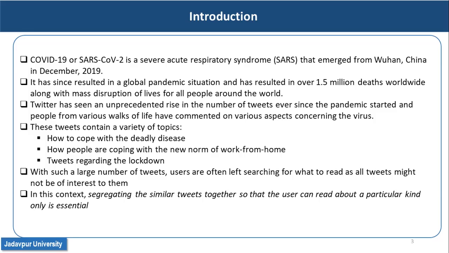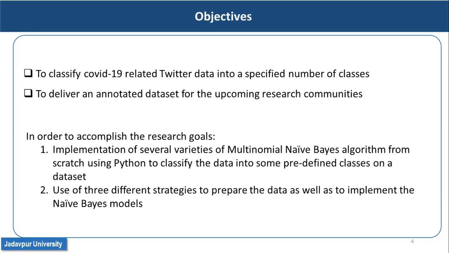In this work we try to achieve this in the following ways. First of all, this is a classification problem. We tried to classify the COVID-19 related Twitter data into a specified number of classes, and then to deliver an annotated data set for upcoming research work.